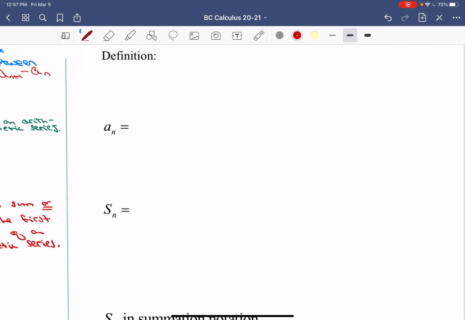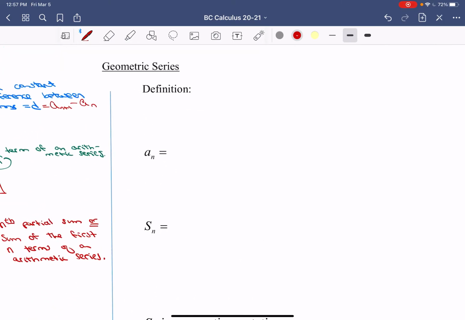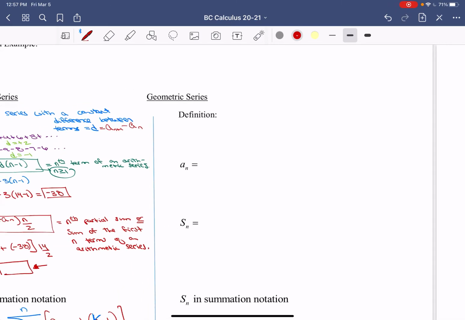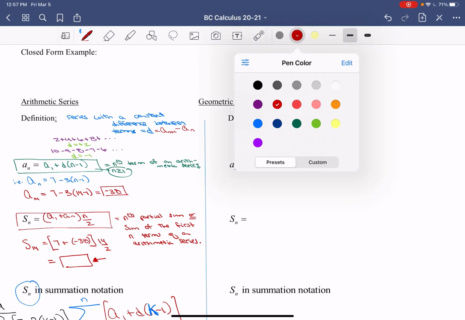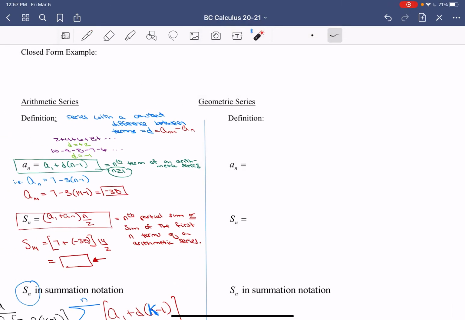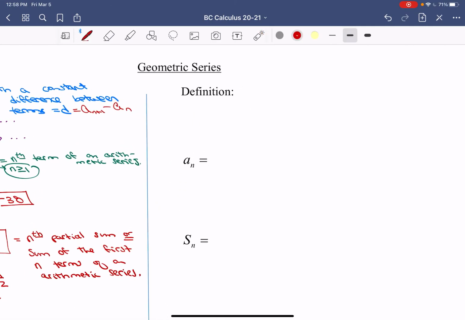Now, geometric series, let's talk about these. A geometric series, let's take a look, okay? I could write the same thing here. A series with a constant, that's a constant ratio, not difference. For a geometric series, there's a constant ratio between terms.